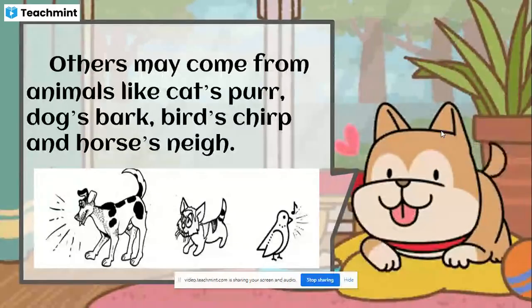Sige nga, could you please imitate how your dog barks? Sige nga, you try to give me the sound of the dog barking. Come on, grade 1, you can do it. Go. Ano mag-cat spur?